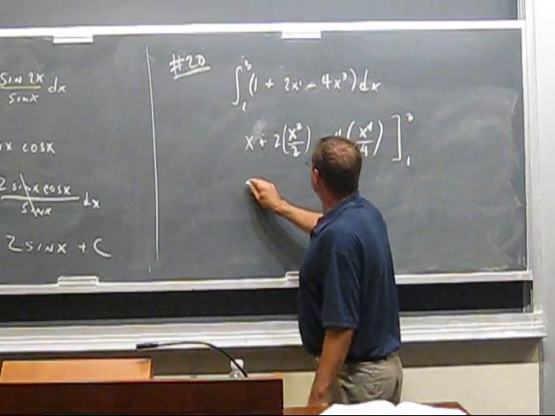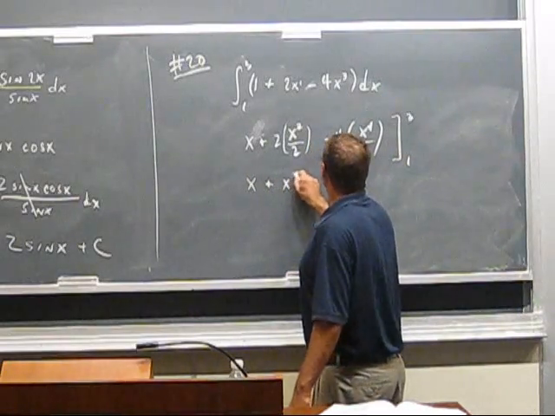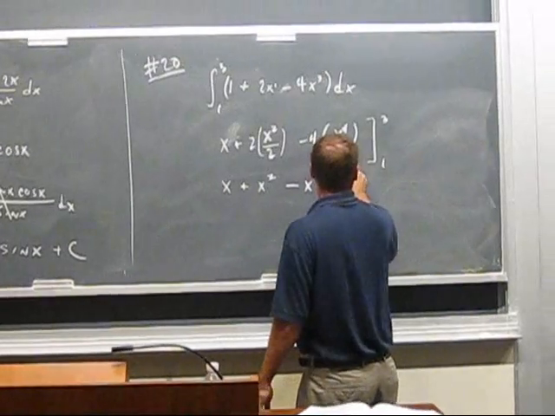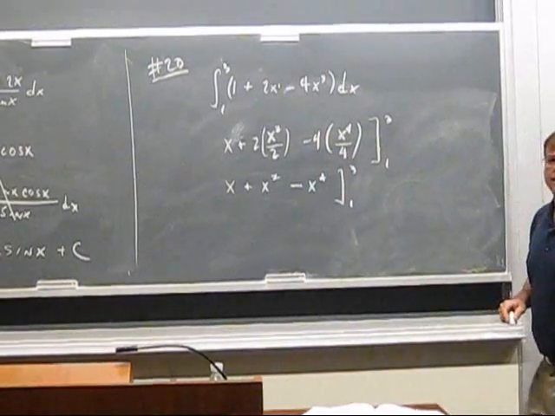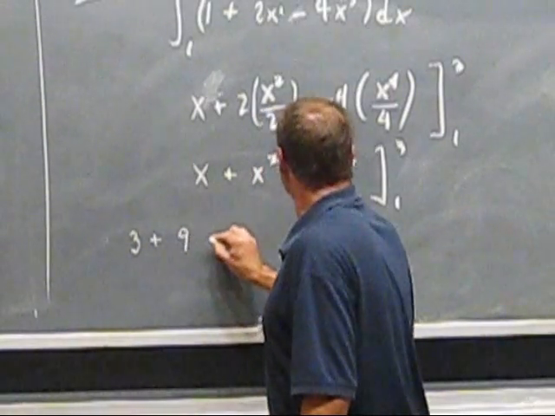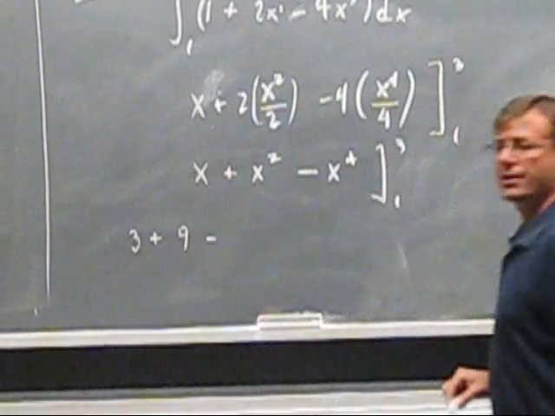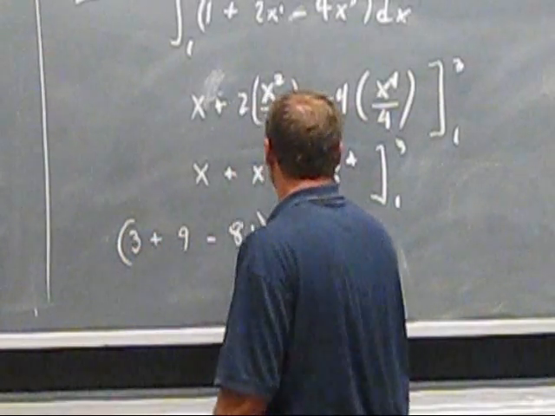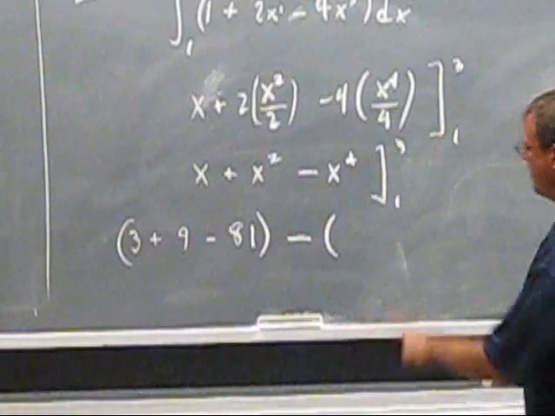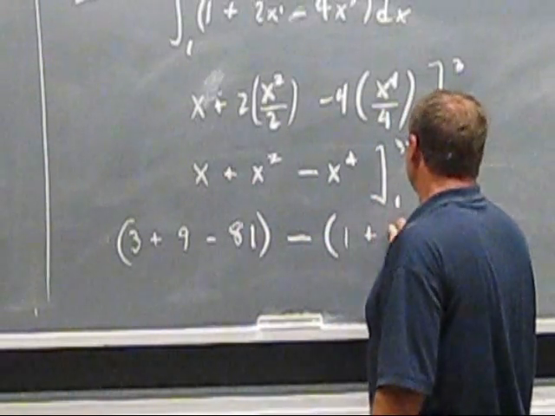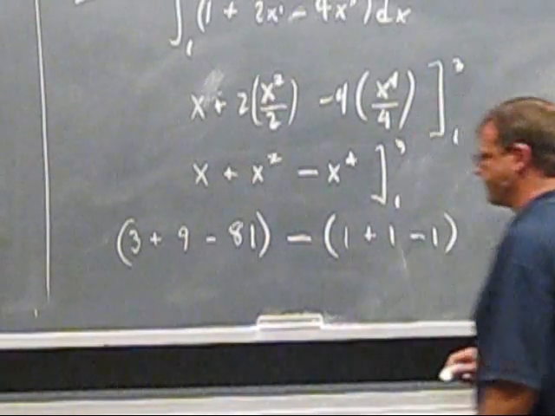Okay, let's rewrite it. So this is x plus x squared minus x to the 4th, evaluated from 1 to 3. When I put the 3 in, I get 3 plus 9 minus 3 to the 4th, which is 81. Minus what I get when I put the 1 in: 1 plus 1 minus 1.